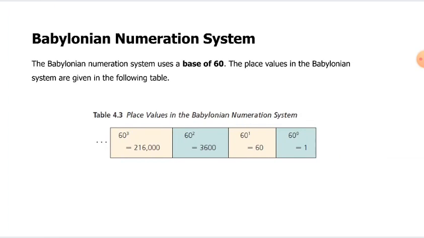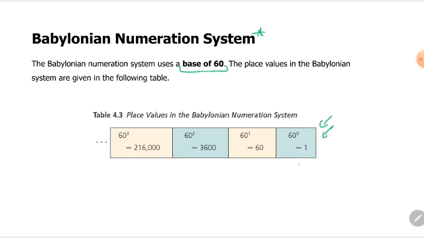Now, going to the Babylonian numeration system. So if the Hindu-Arabic numeration system is base 10, meaning you would multiply each place value by a power of 10, the Babylonian system is base 60. Okay, as you can see here on the table. That means you will multiply each place value by a power of 60.